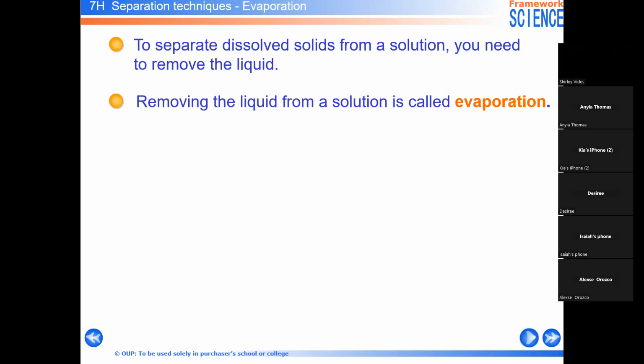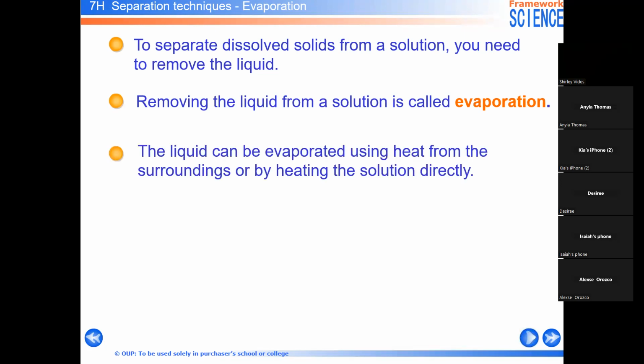And how does this work? Well, the liquid and the solid have different boiling points, and evaporation happens at different times. Therefore, you can evaporate the liquid, but the solid will remain.